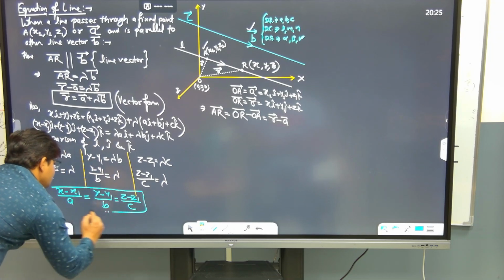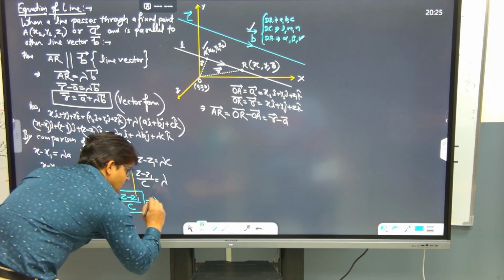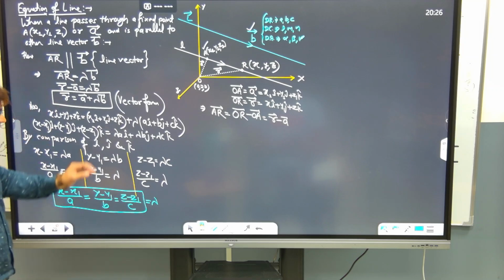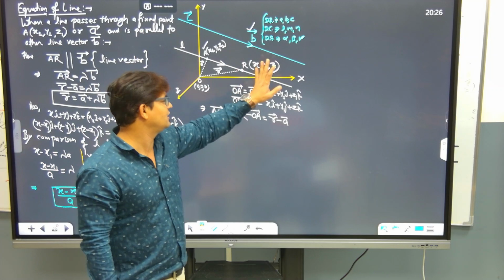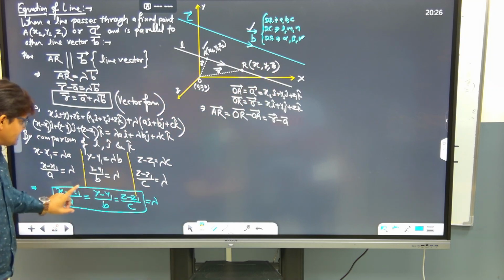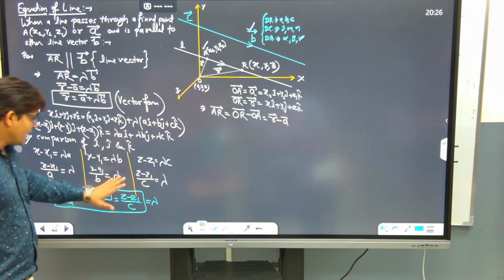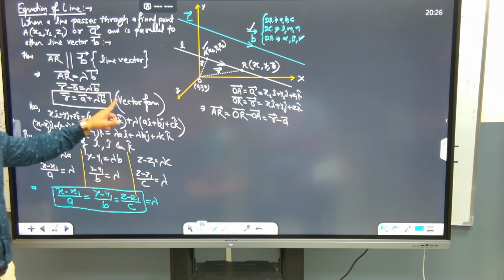This is our vector form. This is also equal to lambda. When we have to represent any point on the line, we can write the coordinates x, y, z. So this form is the equation of a line in Cartesian form, and this equation is in vector form.